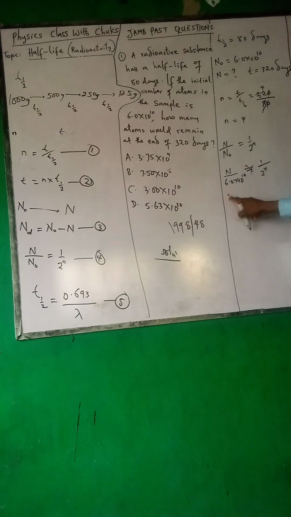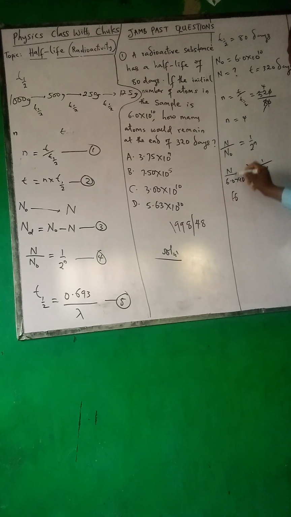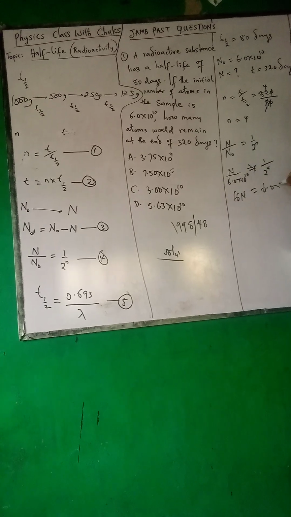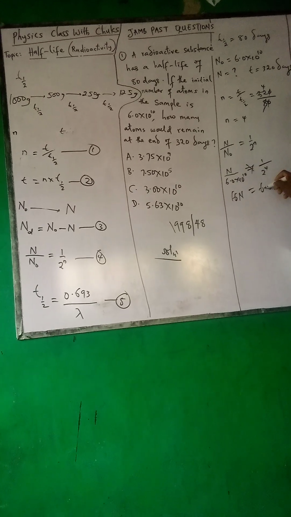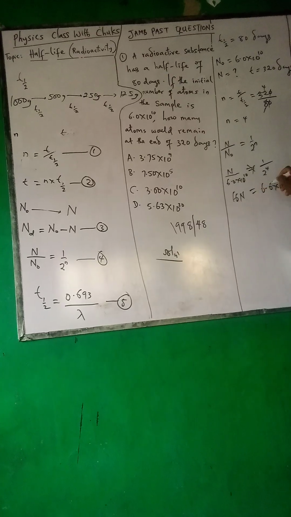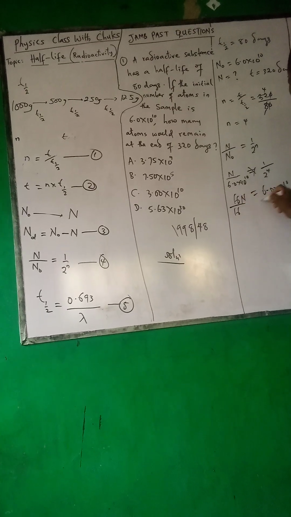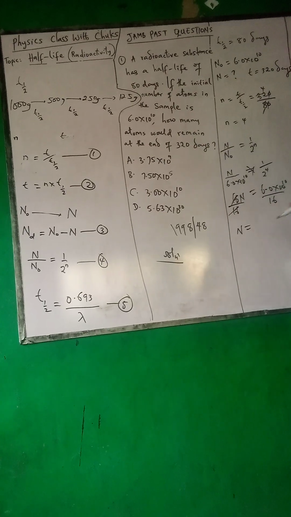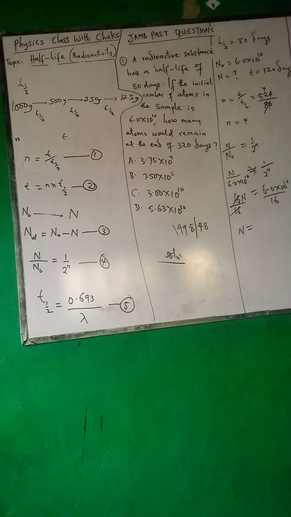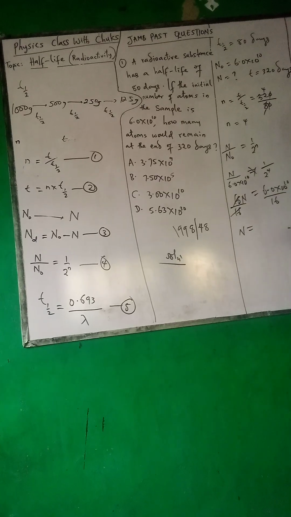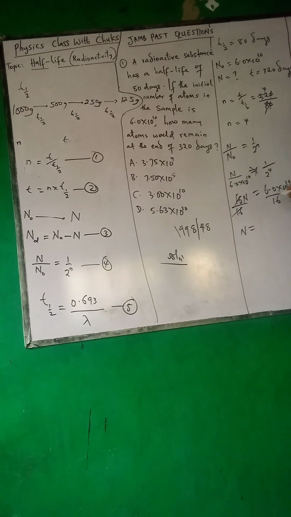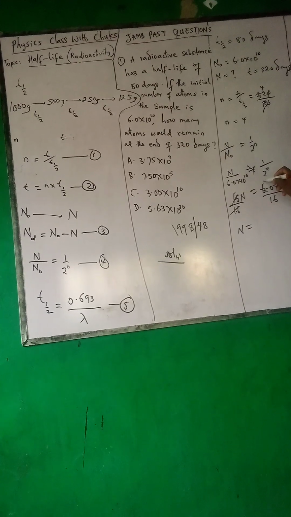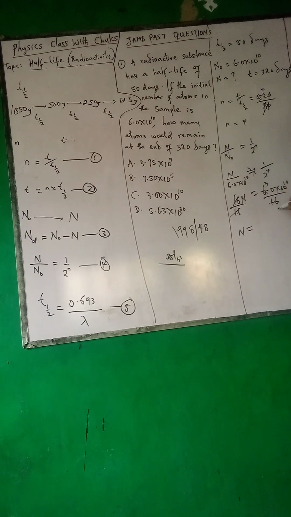So that should be 16n equal to 6.0 times 10 power 10. Now I have to divide by 16, so my n will be equal to... Now, what can divide here? 2 can divide. 2 divided here is 3, 2 divided here is 8.